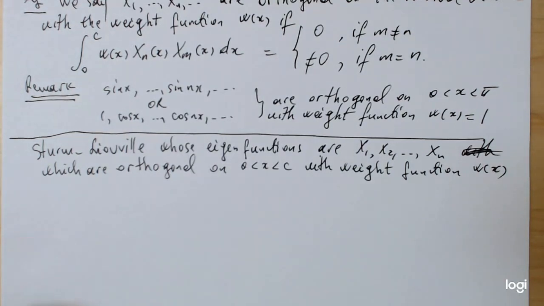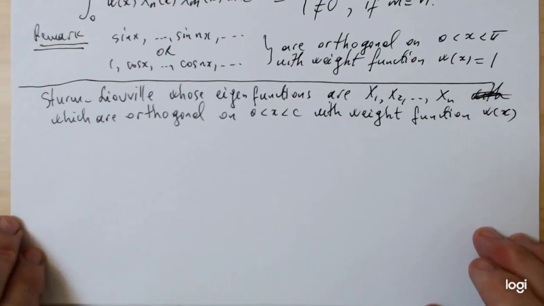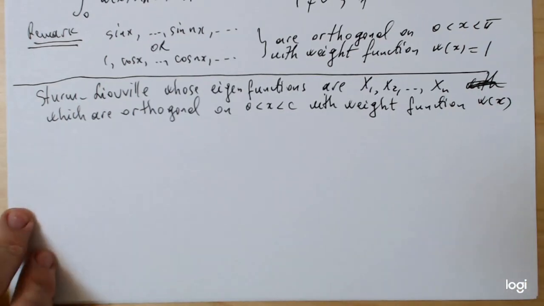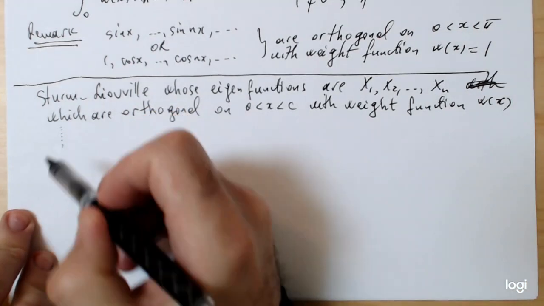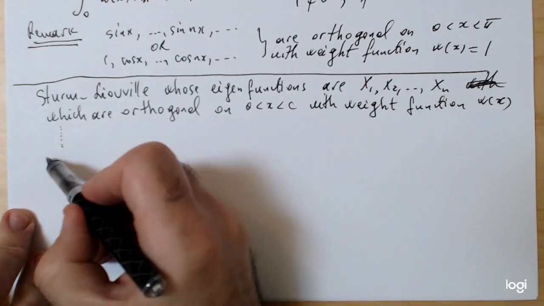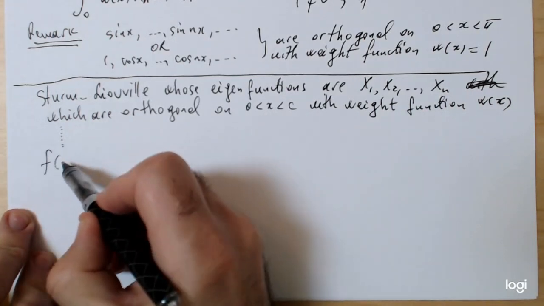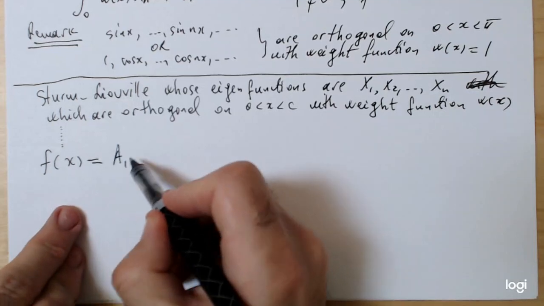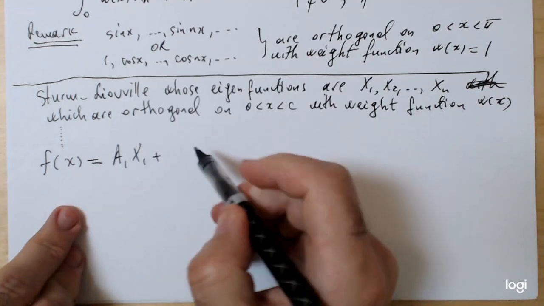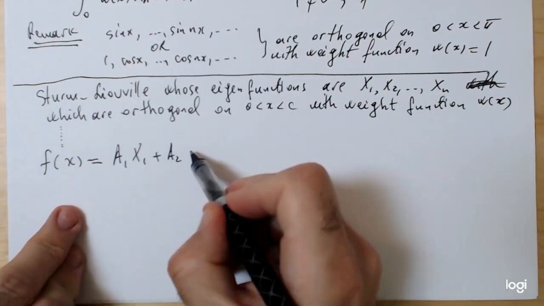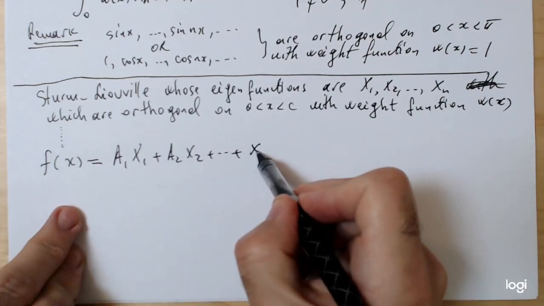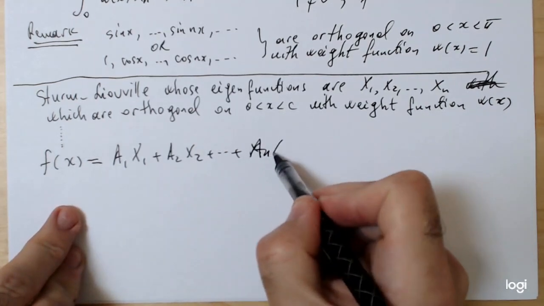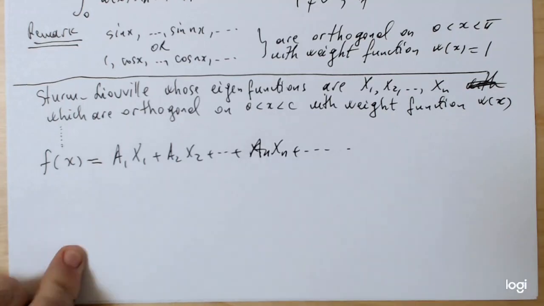All right, and just like with any problem to be solved via separation of variables, at some point at the end of the problem, you will end up needing to write a series representation for f of x in terms of these eigenfunctions. Right?